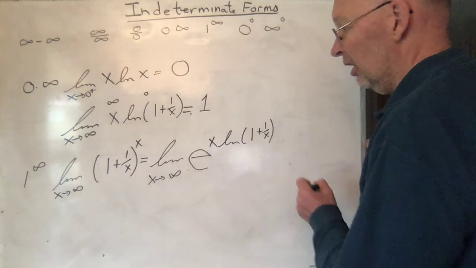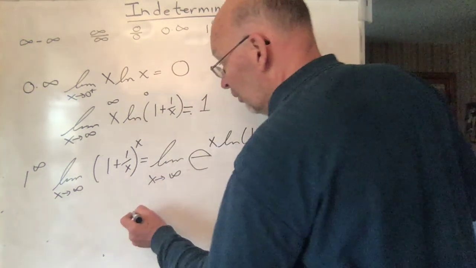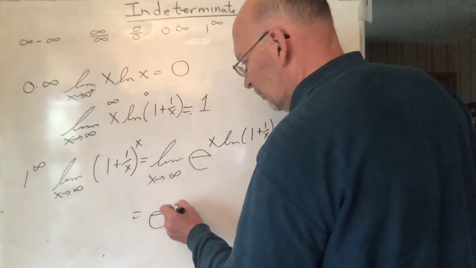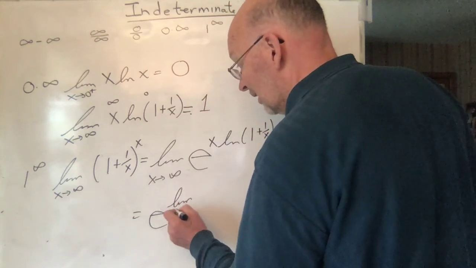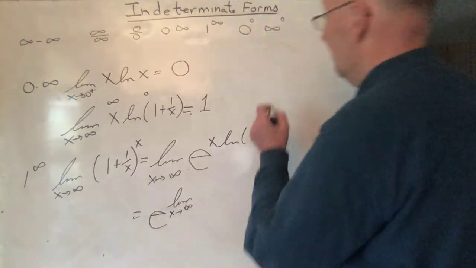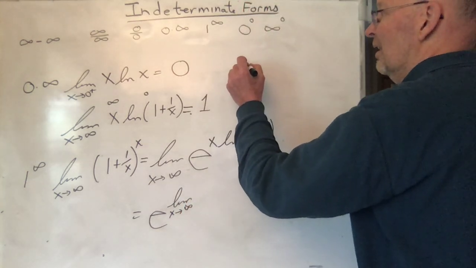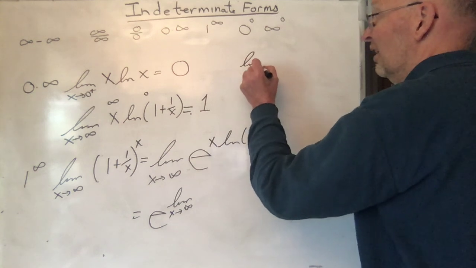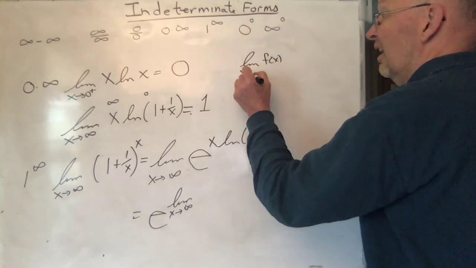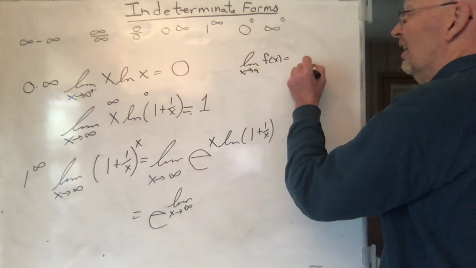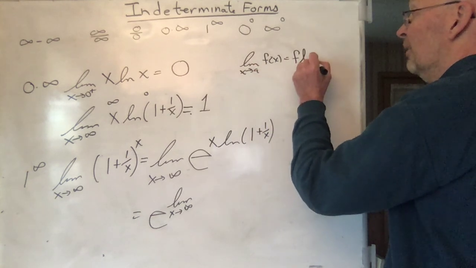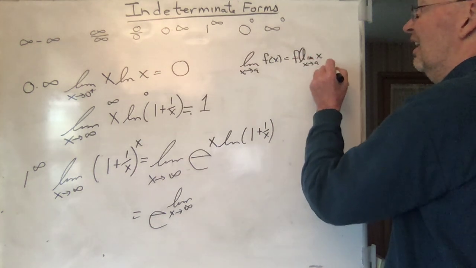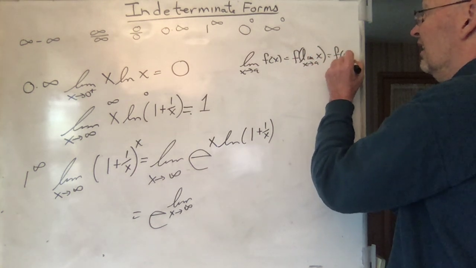And then recall this is a continuous function. Recall what I said about continuous functions. When you have continuous functions, you can basically bring the limit inside. Okay? We said that f is continuous at a if the limit of f of x as x approaches a is equal to f of the limit of x as x approaches a, which is equal to f of a.